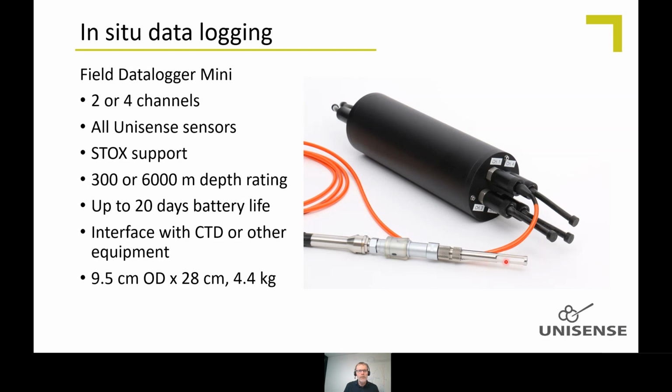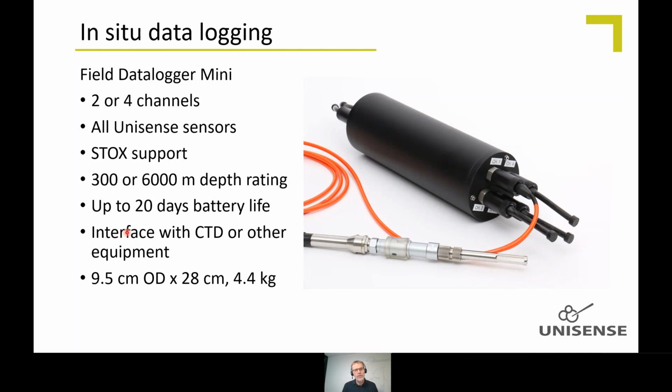It can be used with all Unisense sensors. It has support for the STOX sensor as well, as I'll show in a moment. It comes in 300 meters, 600 meters, or 6,000 meters depth rating. It has battery for up to 20 days of operation, and you can also interface it with the CTD or other equipment if you want the signal together with the signal from a CTD, for example.